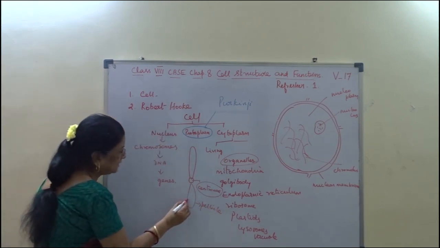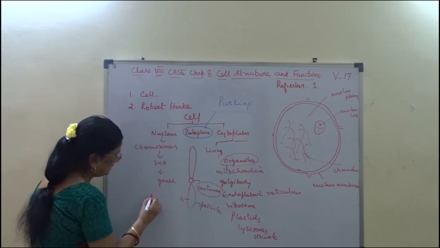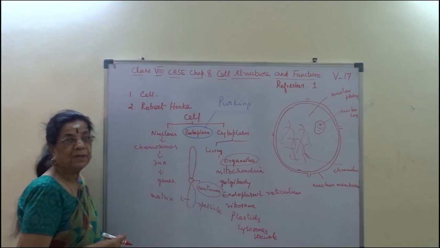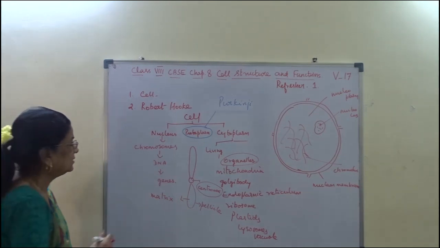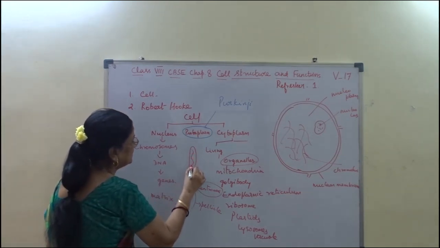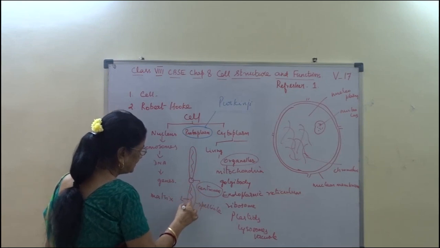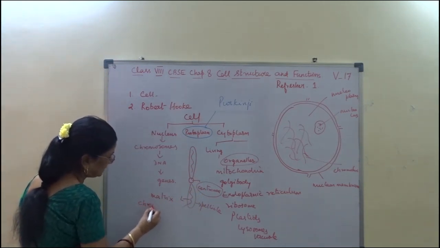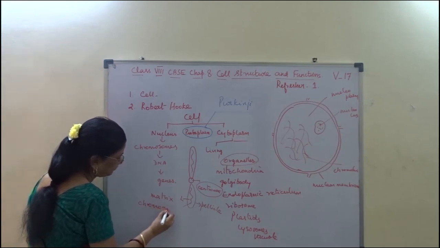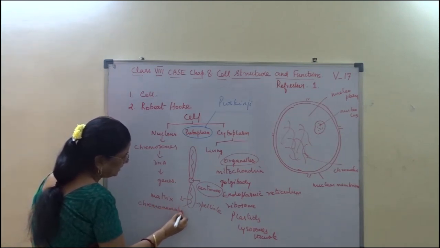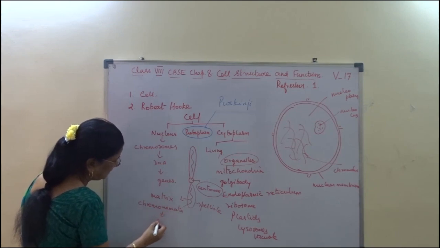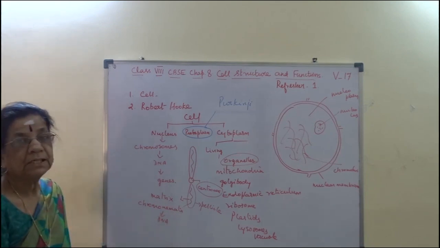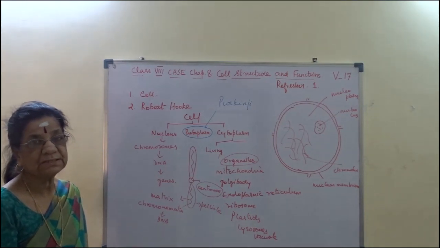And then inner to that, here in the cytoplasm, it is called matrix. This matrix in turn forms a thread-like structure called chromonema. This in turn is formed of DNA, deoxyribonucleic acid.